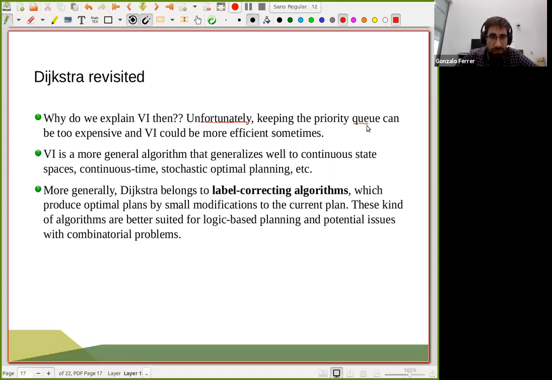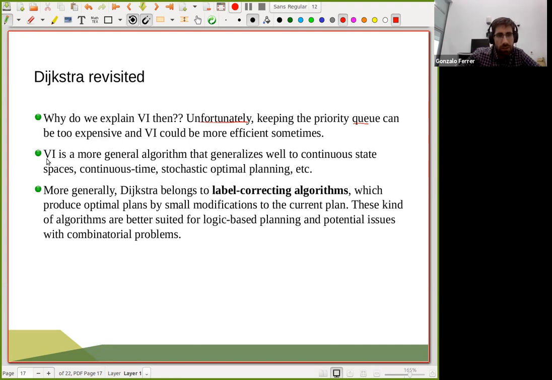So sometimes it might be more efficient just to do value iteration, evaluate all the states, and that's it, instead of calculating a very strange cost and then updating things and removing them. This, of course, requires higher dimensions. For few dimensions, there's probably no need. But depending on the case, keeping this priority queue does the trick, but it's not so efficient.